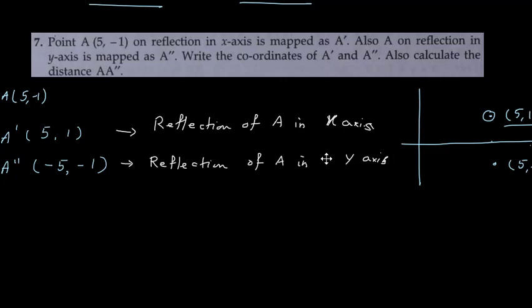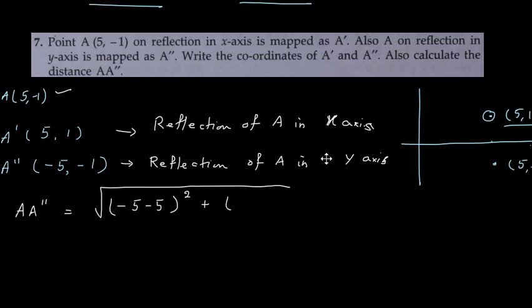So write down the coordinates of A and A dash, also calculate the distance AA dash. Now you have to find AA dash. So distance AA dash is equal to AA double dash. So this is equal to the square root of minus 5 the whole square, plus minus 1 minus minus 1, so it is minus 1 plus 1, the whole square.